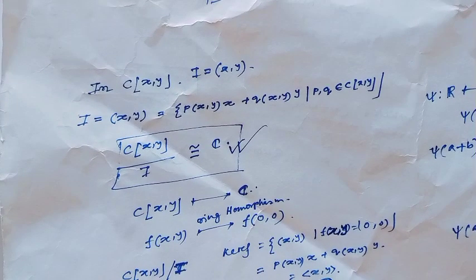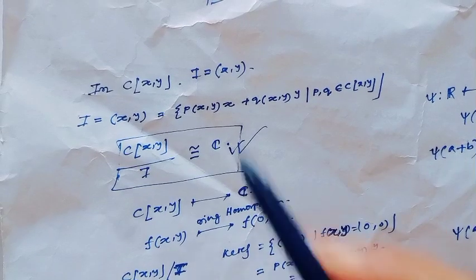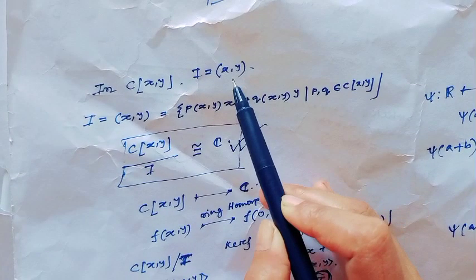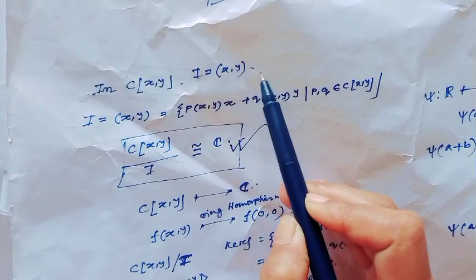I have considered this ring homomorphism for this ideal because here the ideal is generated by x and y.